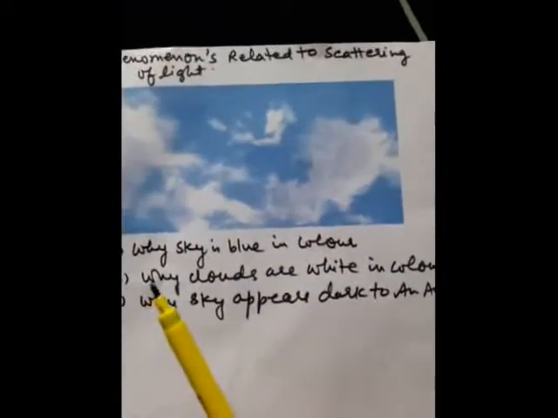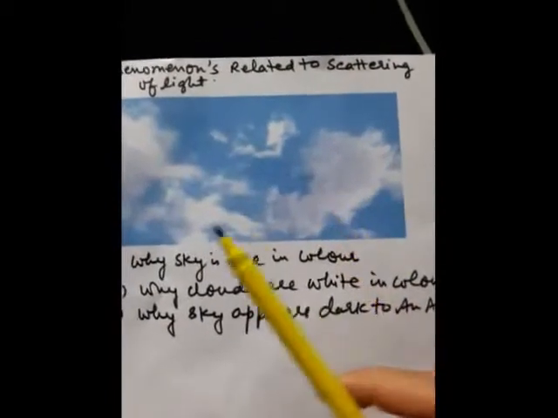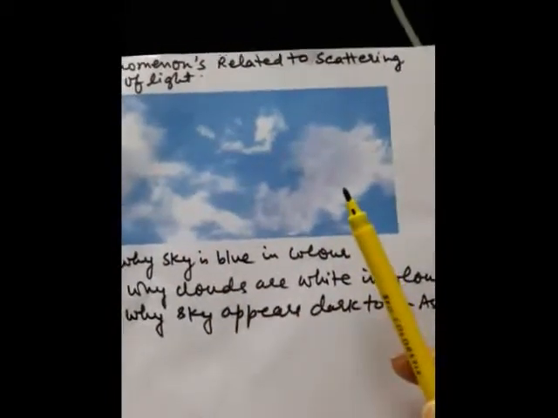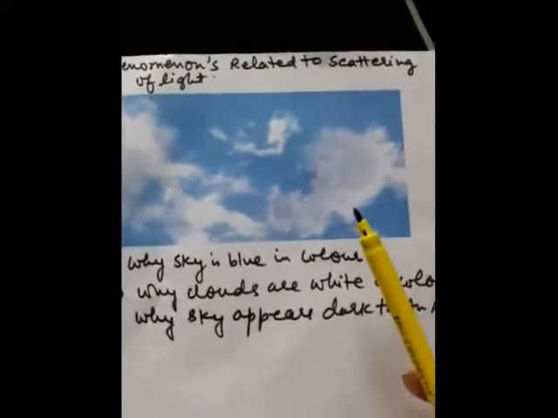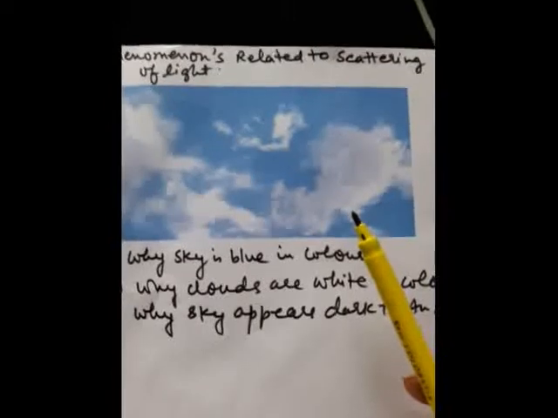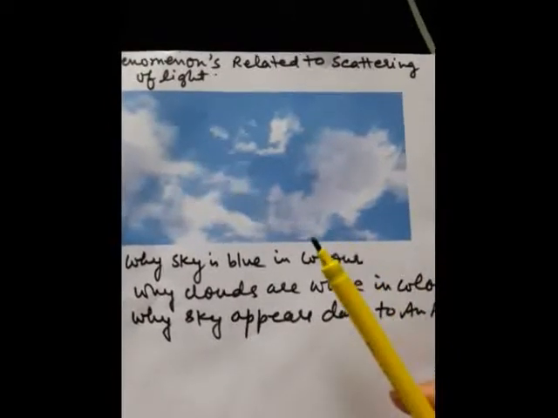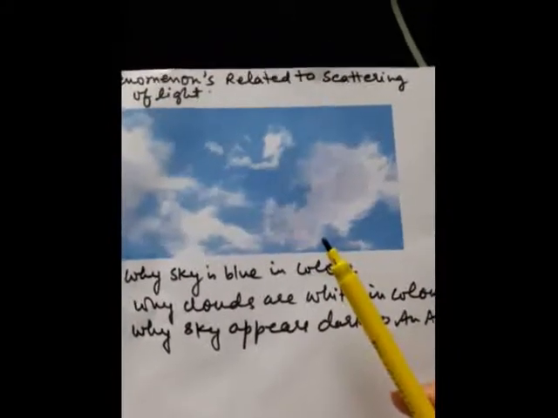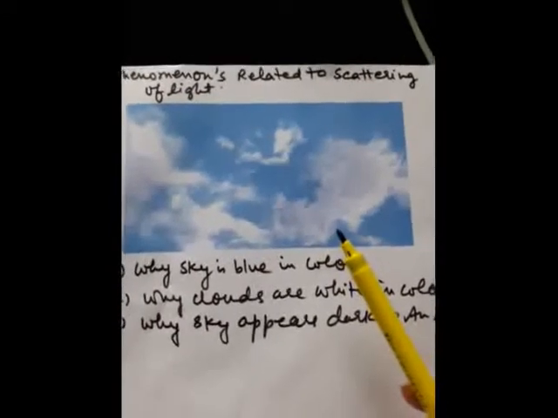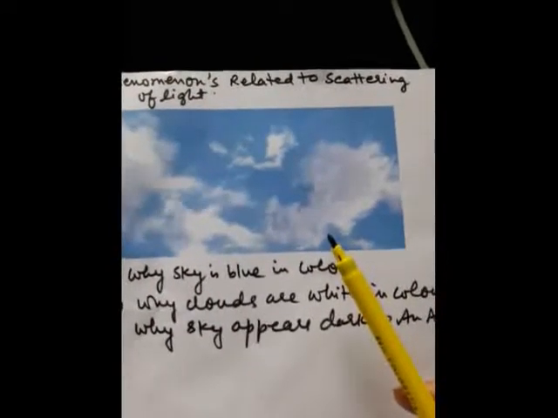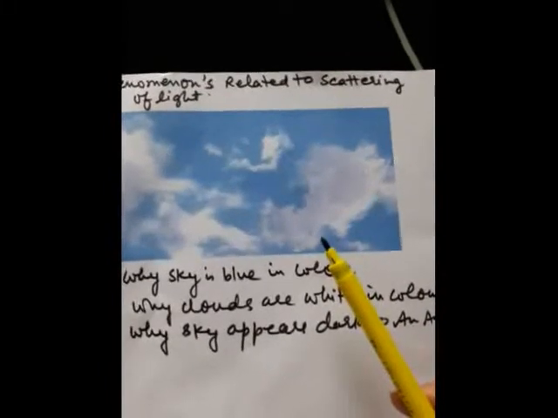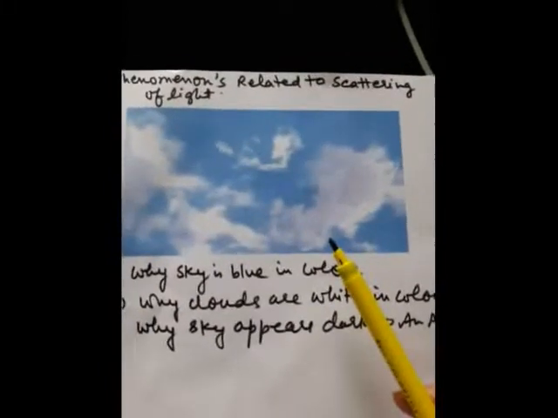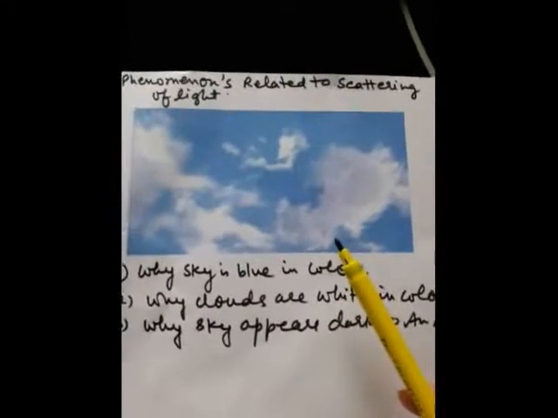Now next is why clouds are white in color. See, the clouds are white in color and the sky is blue in color. The reason is the clouds are located in the lower layers of the atmosphere, very near to the earth. The lower part of the earth's atmosphere scatters light due to the presence of dust particles, water droplets, etc. present in air.